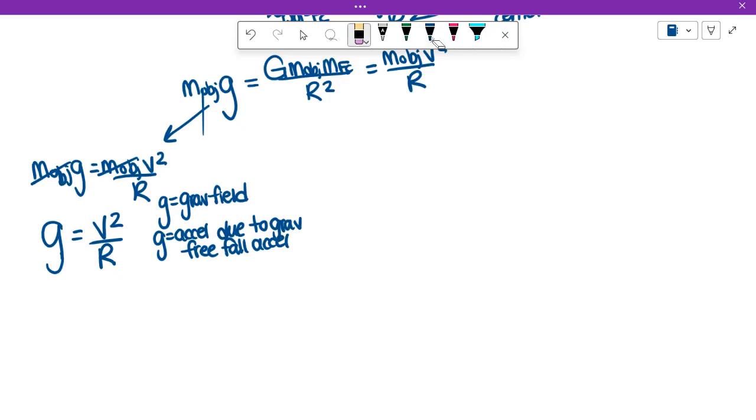And it could be asking you to find g. And for orbital motion, as this equation finds, g could also be the centripetal acceleration. Okay? So a question could ask you to find the gravitational field, then ask you to find the acceleration due to gravity, then ask you to find the centripetal acceleration. And you could do all 3 things to find the same thing. Okay?